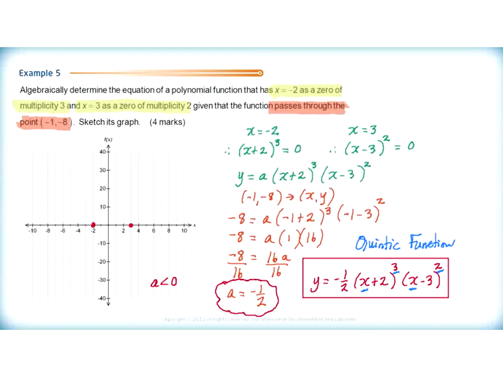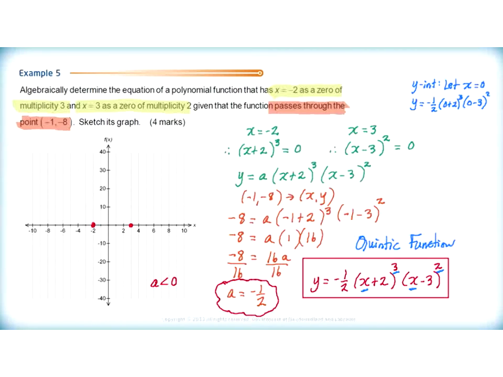So another key point on the graph before we sketch it is to determine the y-intercept. In order to get the y-intercept of this graph, you can let x equal 0. So the value of y would equal -1/2 multiplied by (0 plus 2) all cubed multiplied by (0 minus 3) all squared.